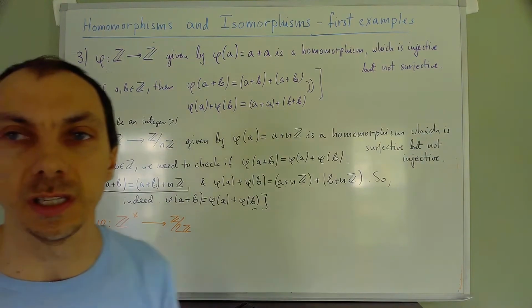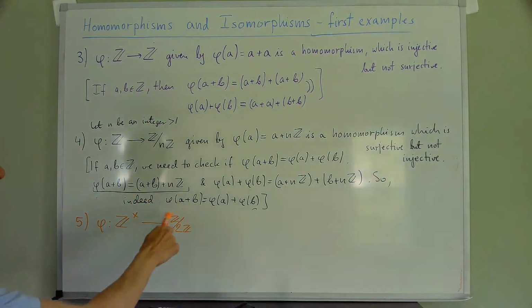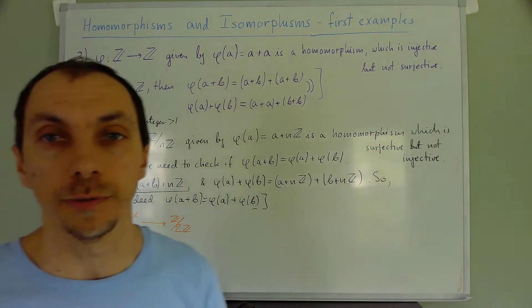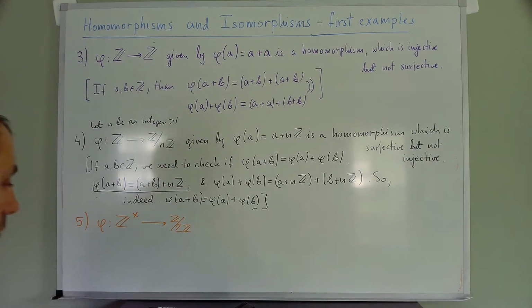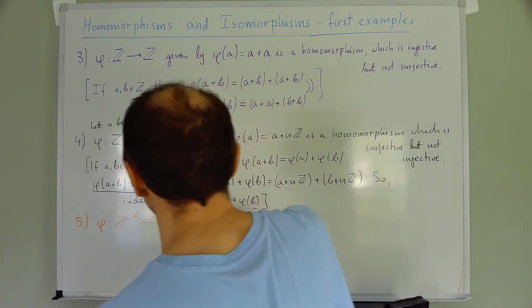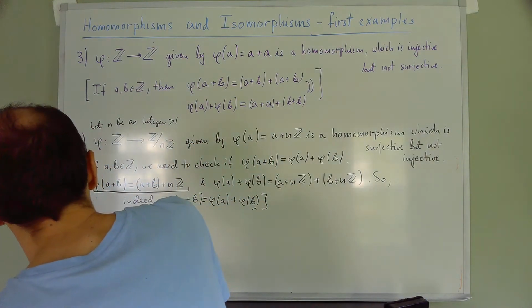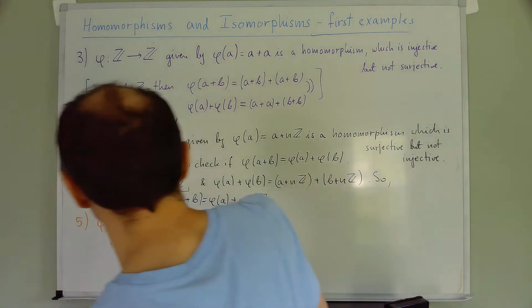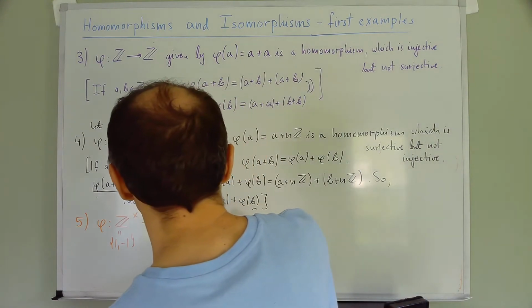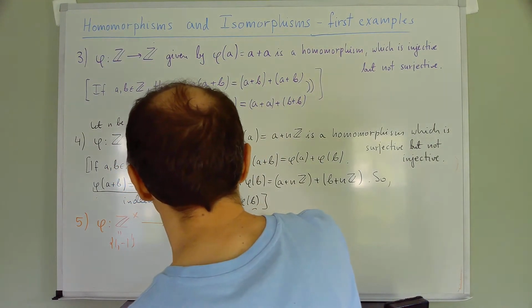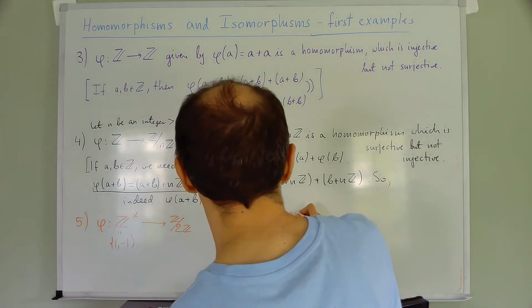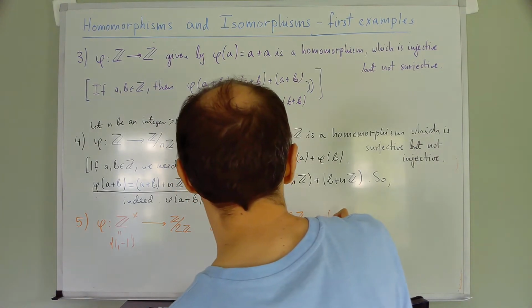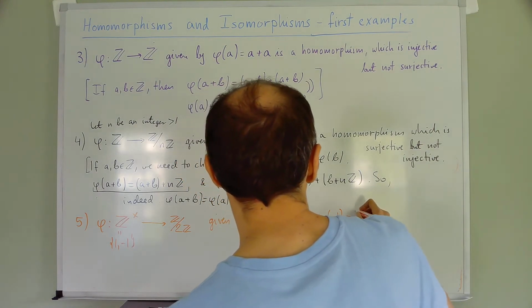Multiplication. These are the units in Z. What's the binary operation here? It's the addition of congruence classes mod 2. So what would this map be given by? Remember, this is just 1 and minus 1, so there are only two elements here. So phi of 1 is 2Z, and phi of minus 1 is 1 plus 2Z.